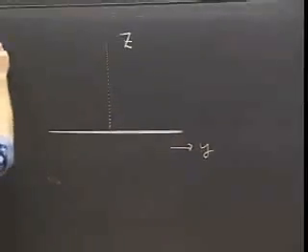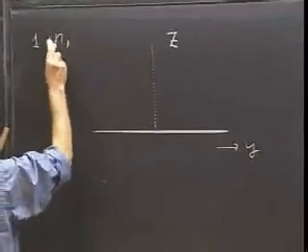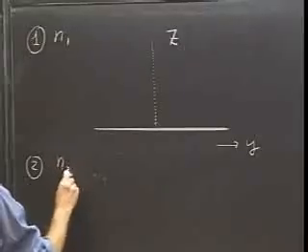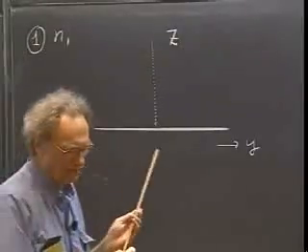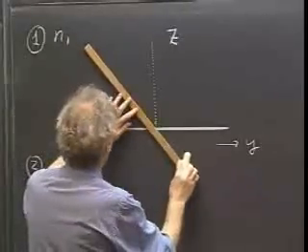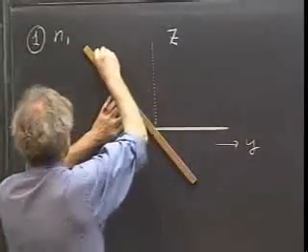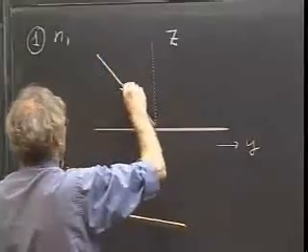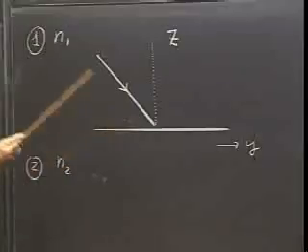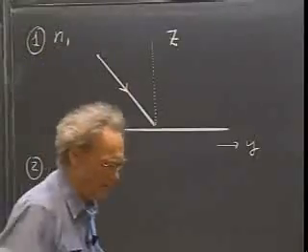I have here medium 1, which has index of refraction n1, and here I have medium 2, which has index of refraction n2. I have radiation coming in, which I call the incident wave. It's a plane wave. This is only the direction of the k vector, but it is a plane wave.